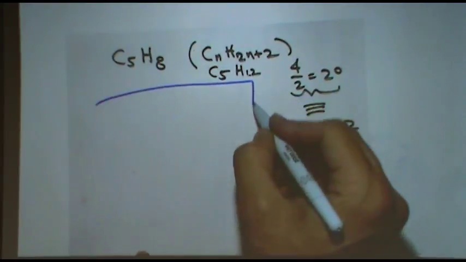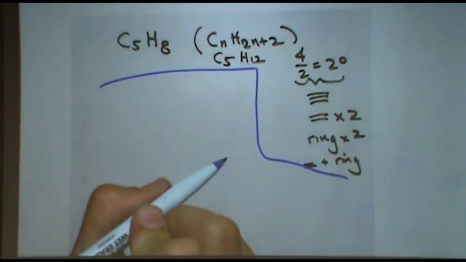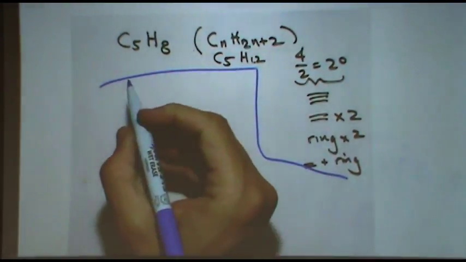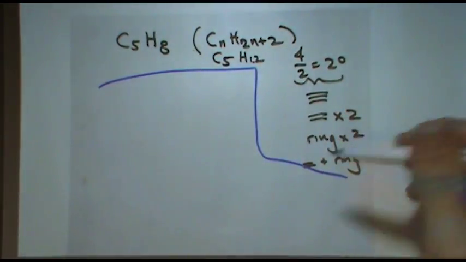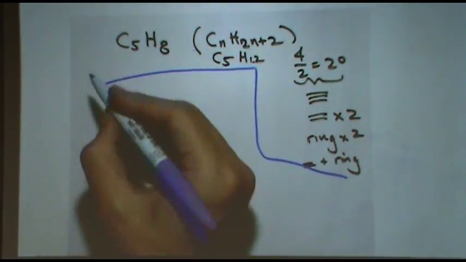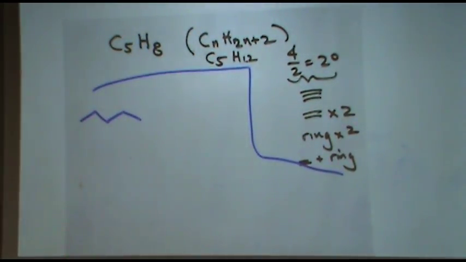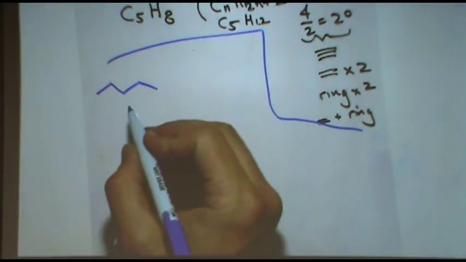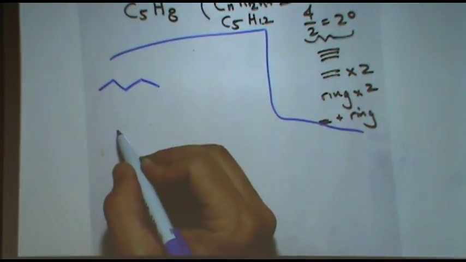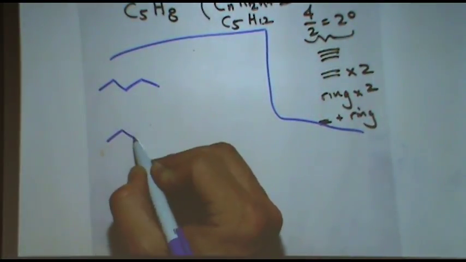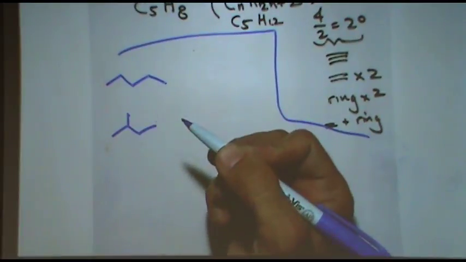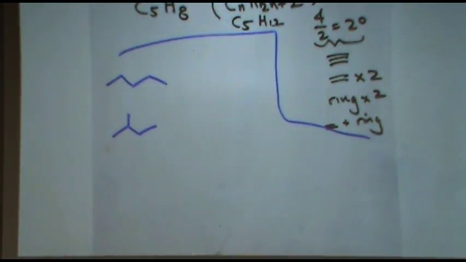Alright, so now what do we do? I would say, okay, draw the longest, I like to do chains before rings. So I draw the longest chain of 5. And then I draw shorter, so I'm not doing the problem yet, I'm just doing scratch work. I draw one shorter chain of 4 with an extra branch or carbon.